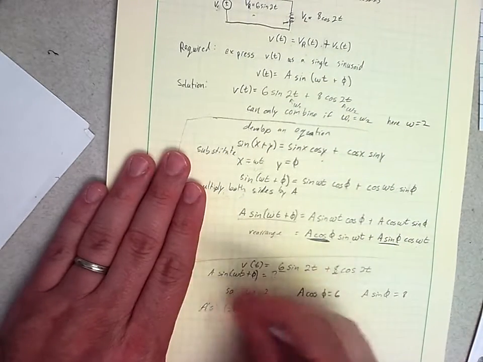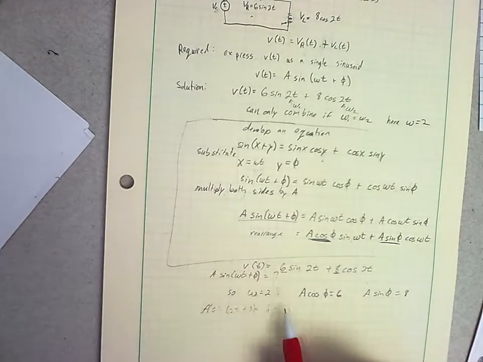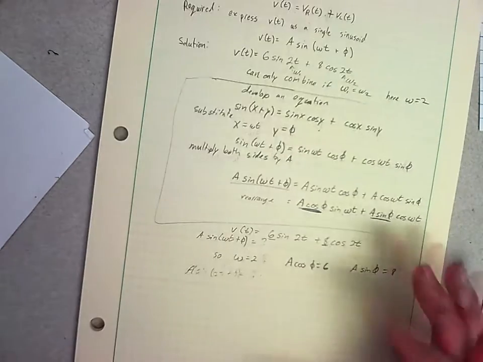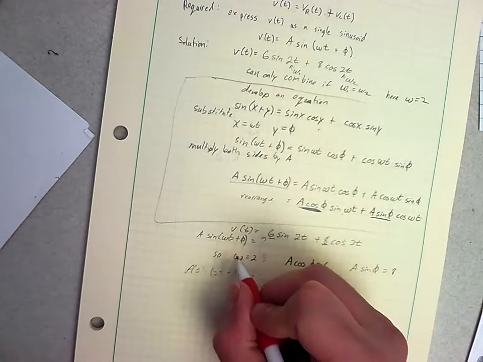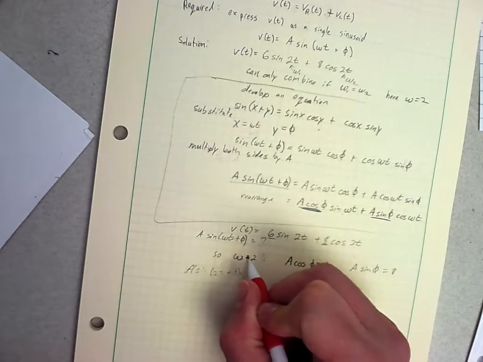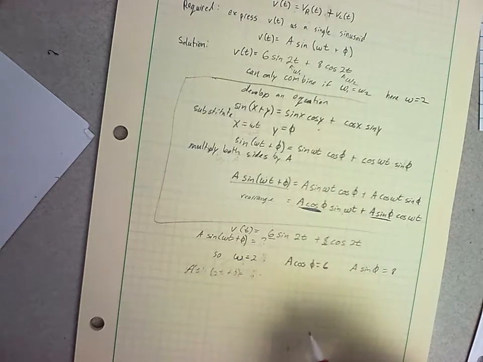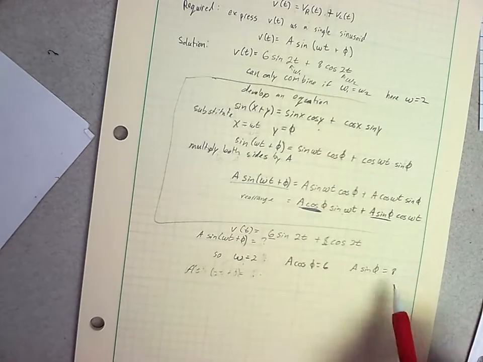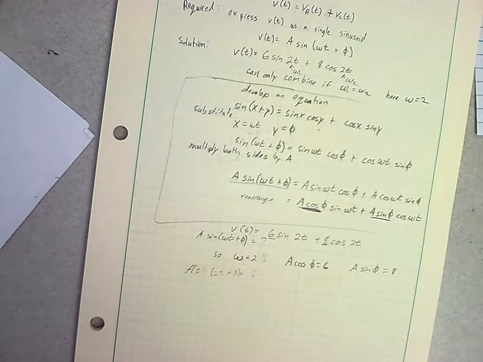Just recognizing that those equations start to match up. So now I've got 2 equations and 2 unknowns. Remember, I really need 3 parameters in order to set a sinusoid. I've got one of them. I've got omega. It was 2. That was easy to get, thankfully. Now I just need to get a couple of these. If I can get both of these, and I've got 2 equations, 2 unknowns, that should be easy to solve.